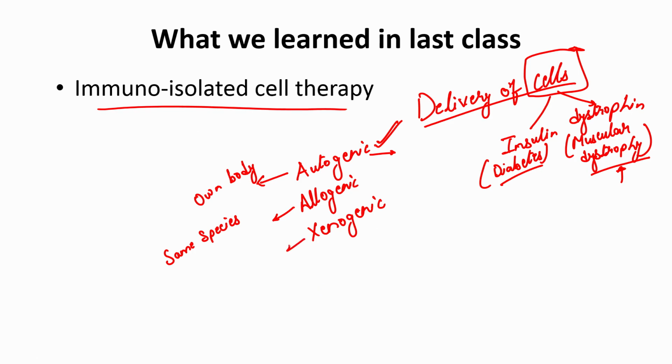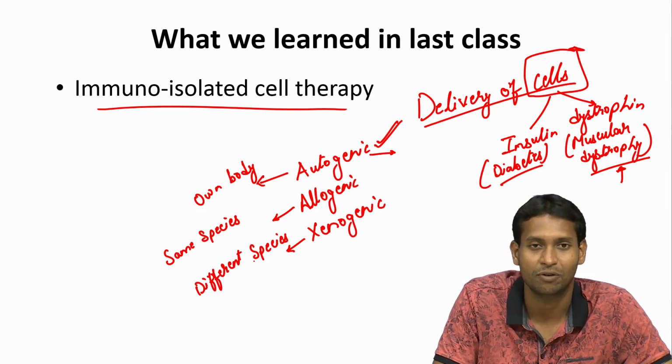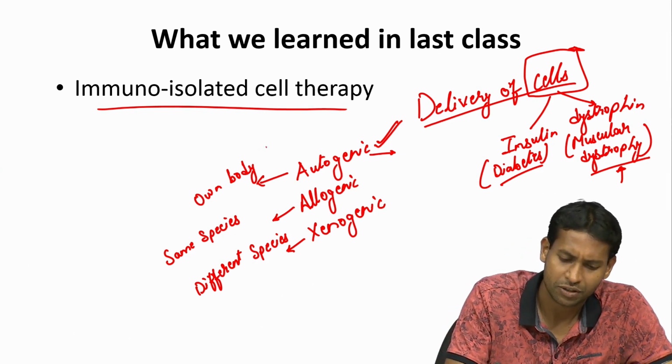Of course, xenogenic is even more stringent in terms of immune response, because this is from a different species. Let us say I get organs or cells from a pig and try to implant that in my body; those are so different from my own body cells that the immune system will immediately recognize them and try to kill those cells. So, these were some of the sources.